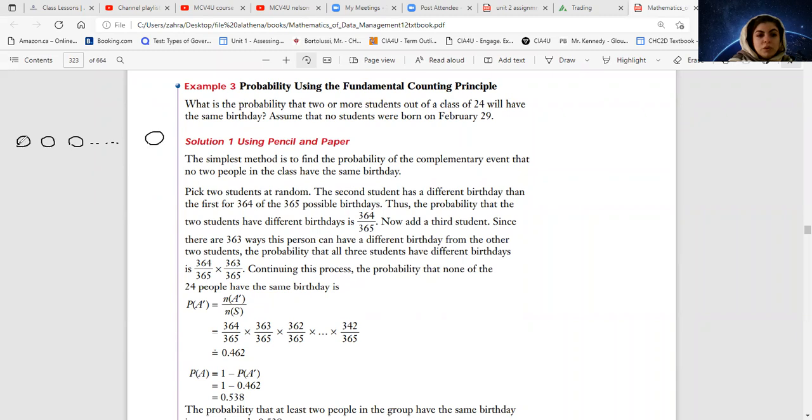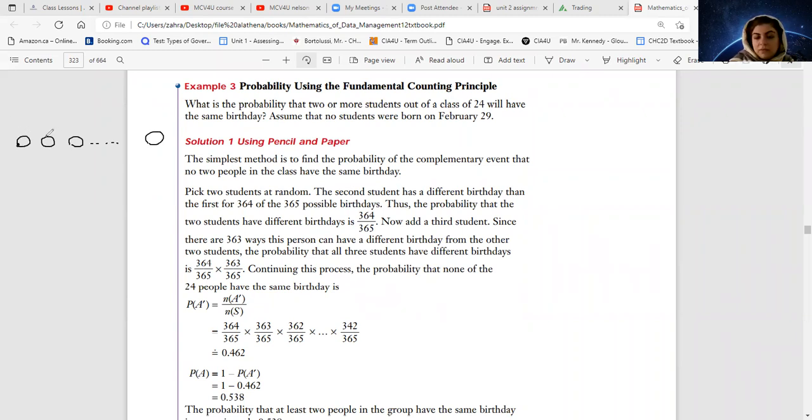You choose one of the students, right? He has a birthday. There are 365 days in a year, so one of these days is his birthday.